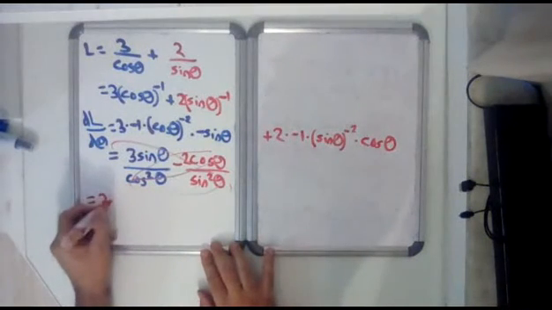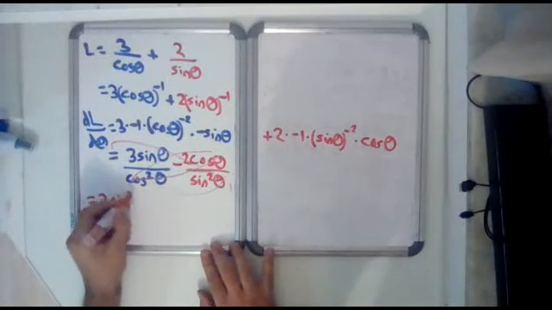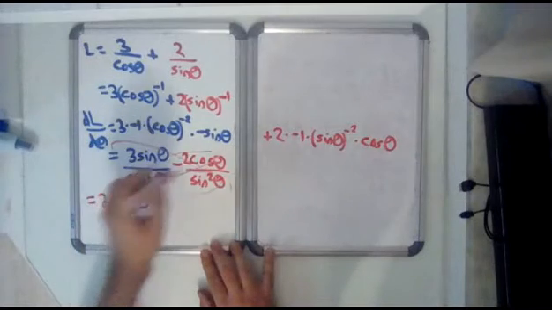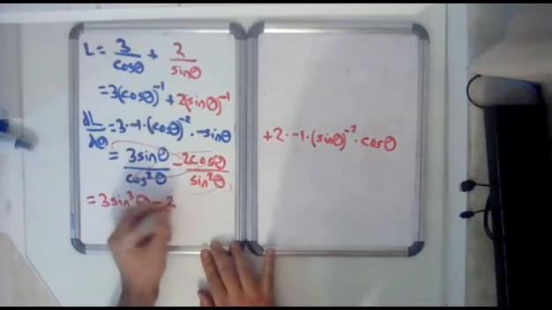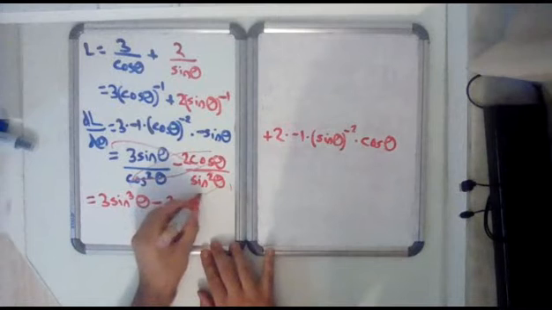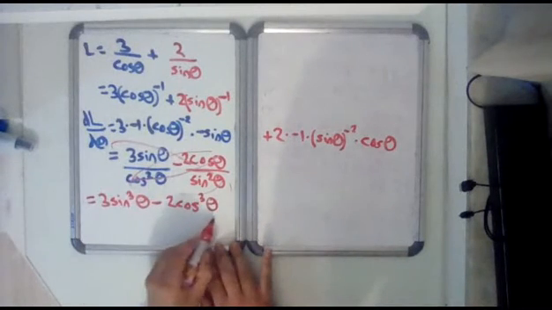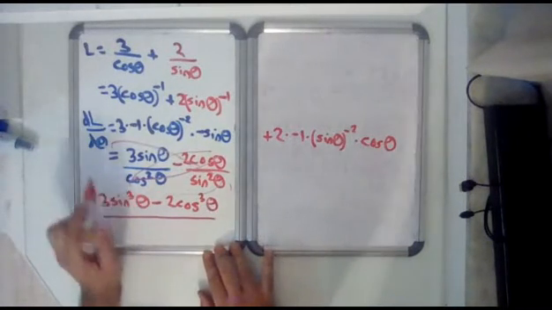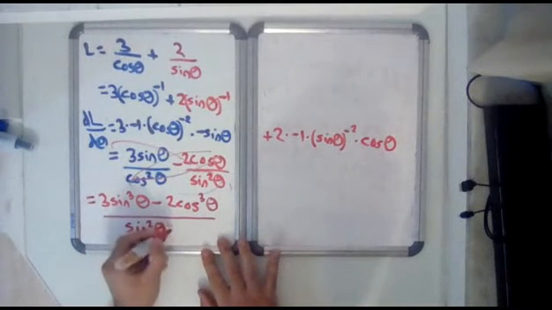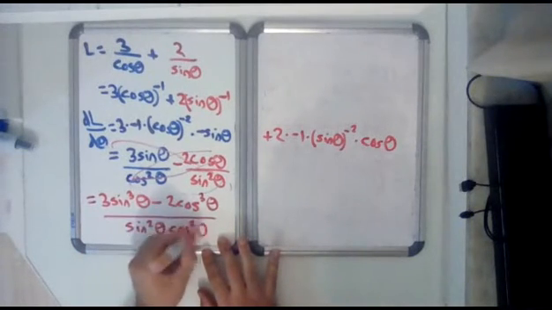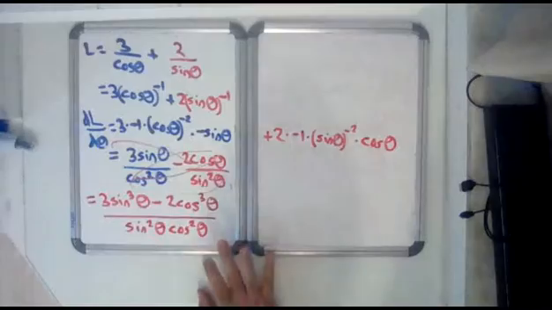So that would be 3 sine cubed theta minus, then you've got 2 cos theta times cos squared theta. So that's minus 2 cos cubed theta, and then over sine squared theta cos squared theta. We're just multiplying the 2 together.